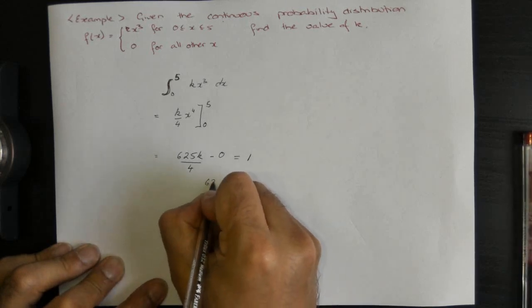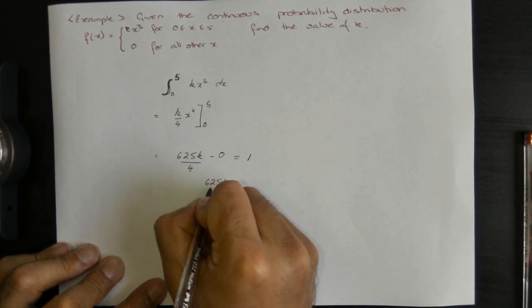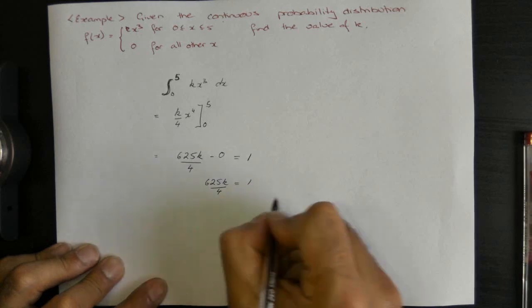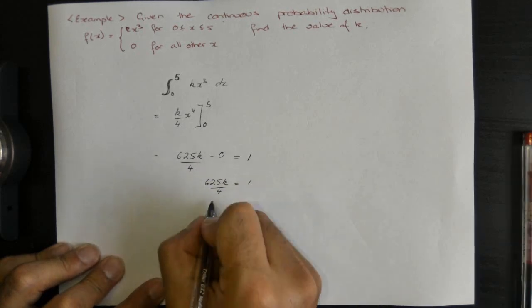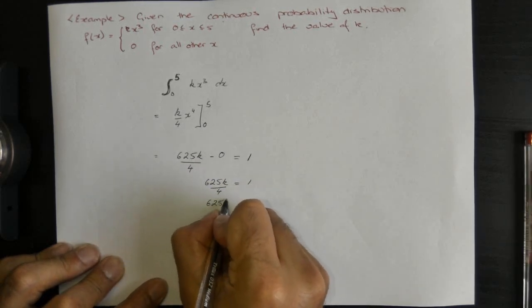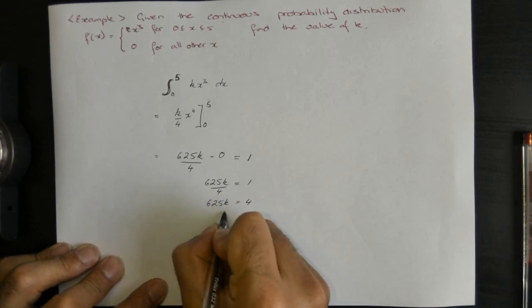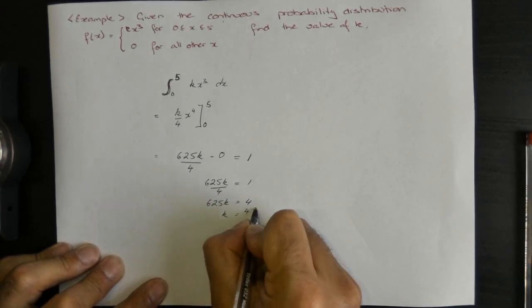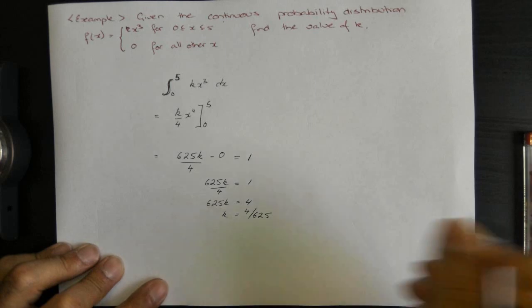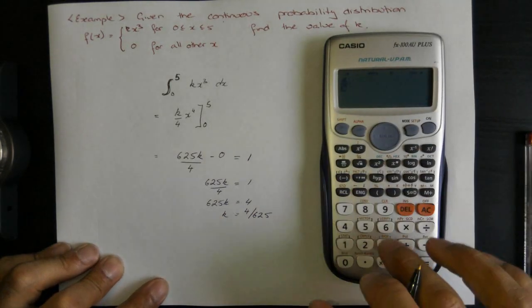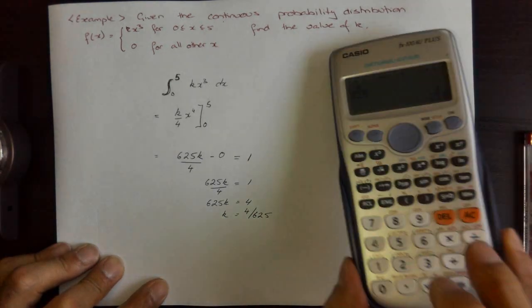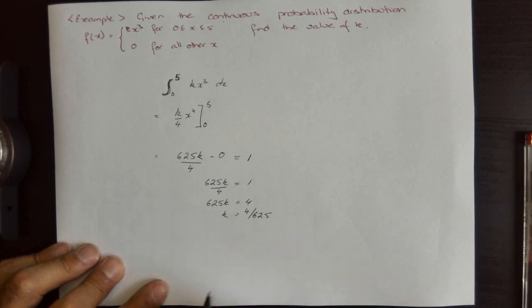So 625k over 4 equals 1. Multiplying both sides by 4 and dividing by 625, we get k equals 4 over 625. And so k has to be that value.